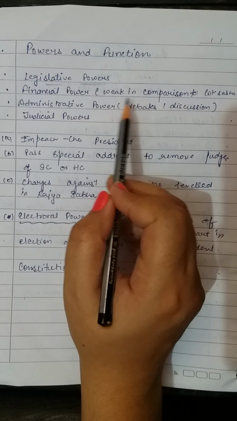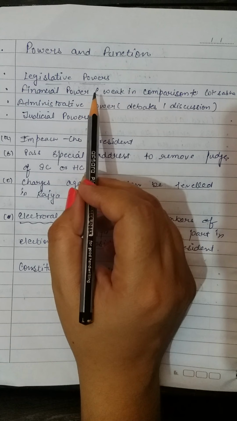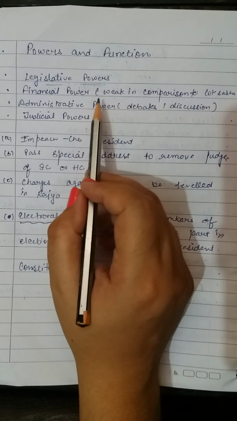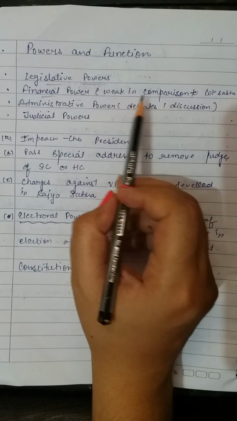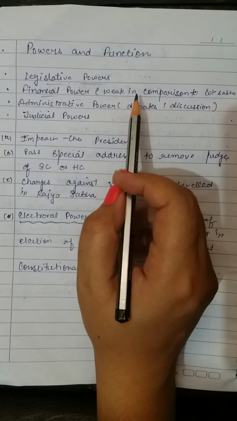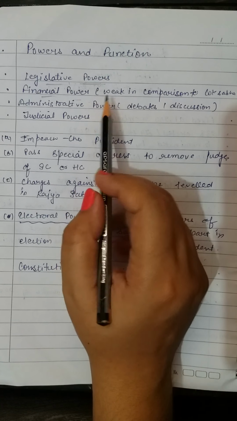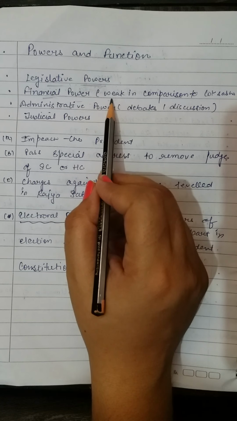Financial power: as I told you, it plays a very important role in legislative powers, but it is weak when we talk about financial powers, because a money bill can be introduced only in the Lok Sabha, not in the Rajya Sabha. Then it is sent to the Rajya Sabha.